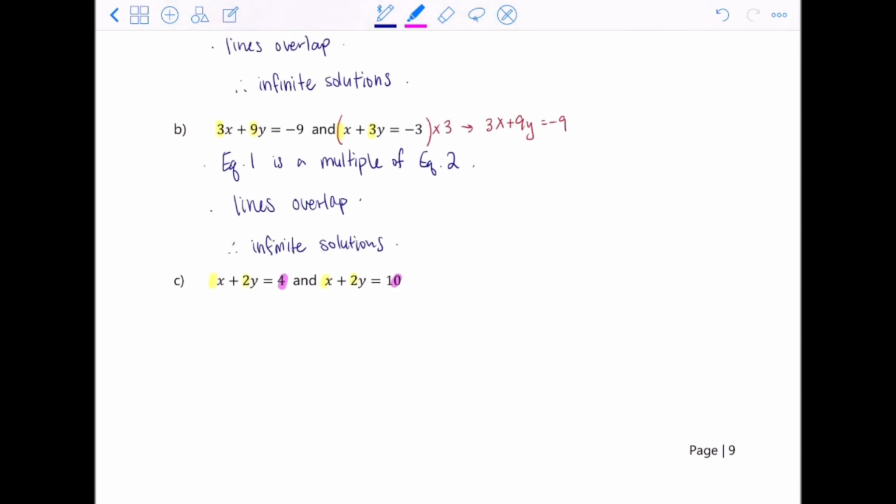Part C is a bit different. If the constants are not equal, this indicates that they don't have a same y-intercept. They have a same slope, but they don't have a same y-intercept. So it's important to note that because the constants are not equal, this indicates that the y-intercept is different.